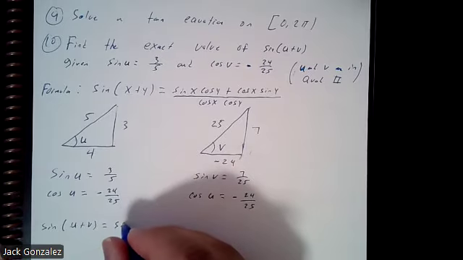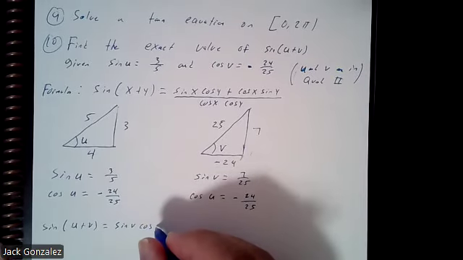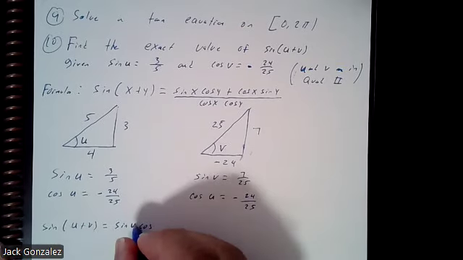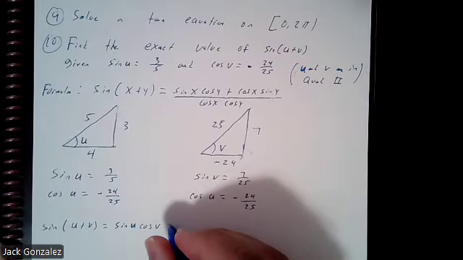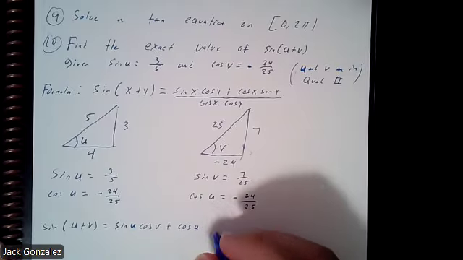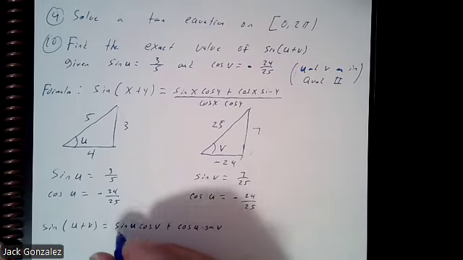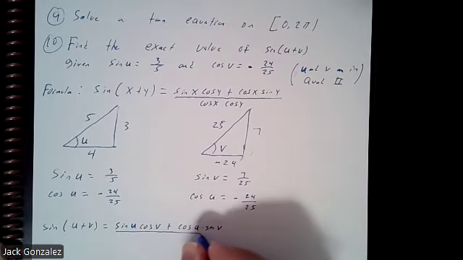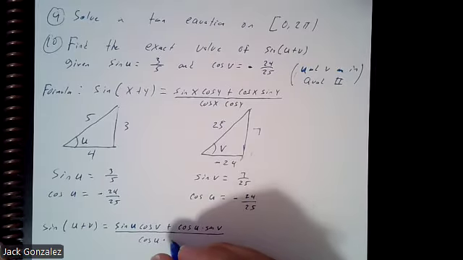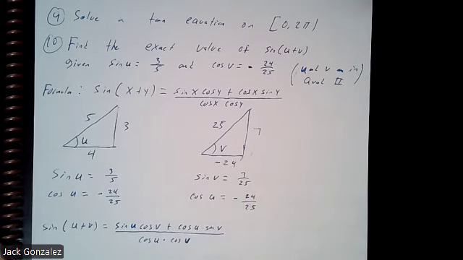That'd be equal to sine U cosine V plus cosine U sine V over cosine U times cosine V. Oops, there we go.